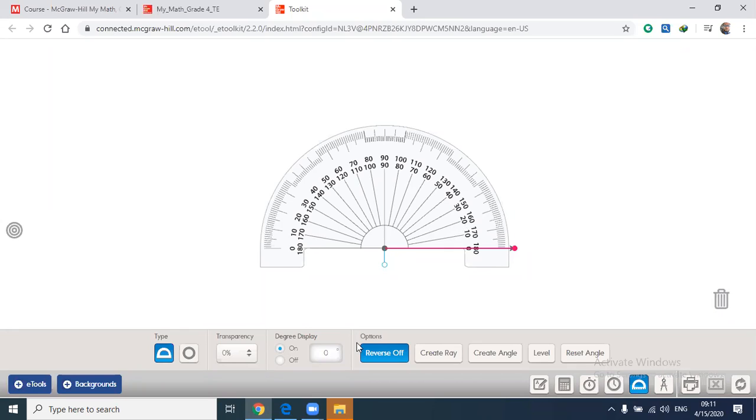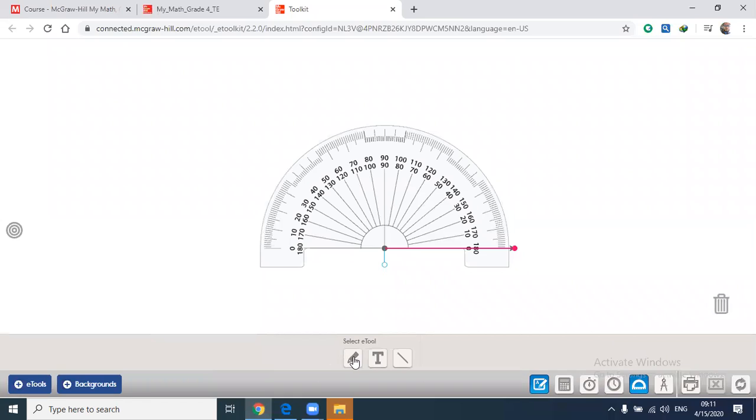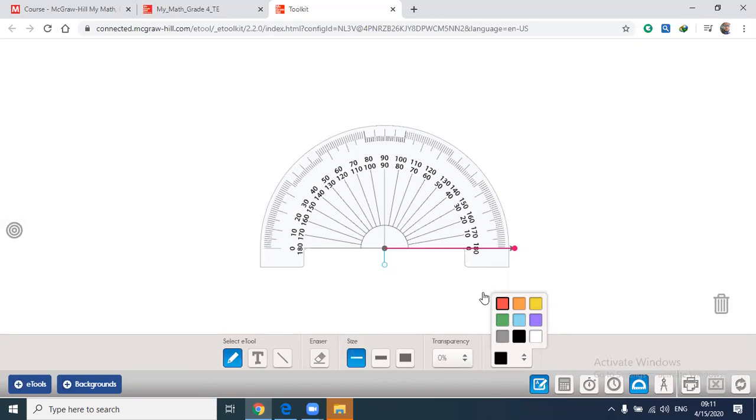Then I will put a dot, opposite 20, like this. And then I have to match this dot with the end point by using my ruler and pencil.